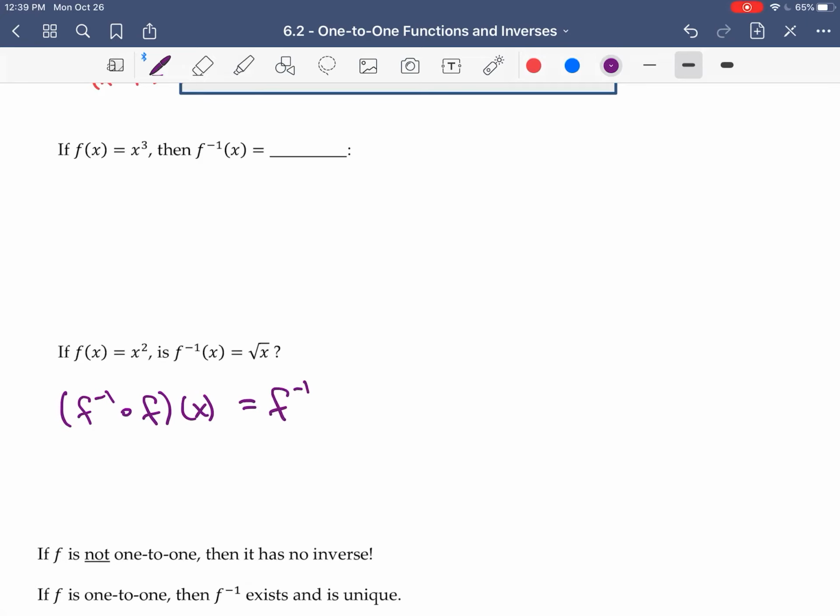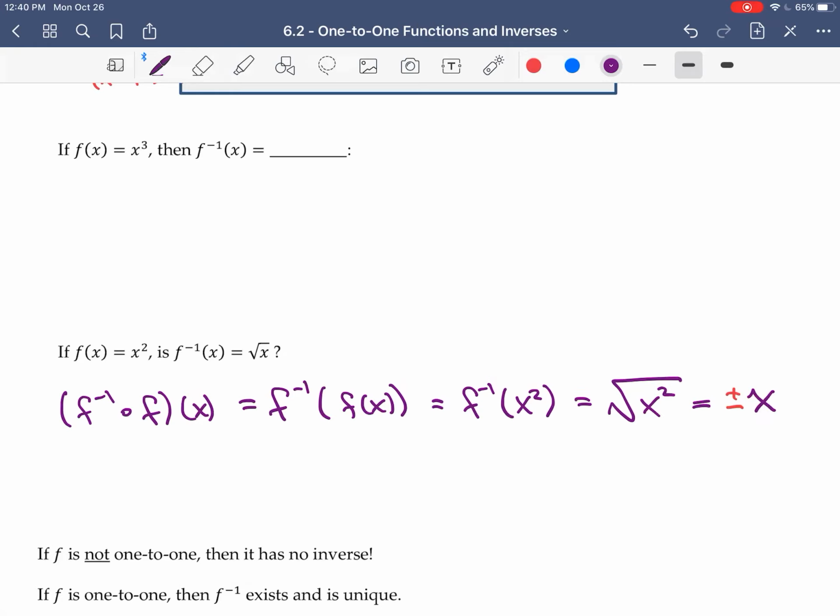That's f inverse of f of x, and f of x is x squared. So this is f inverse of x squared, which is the square root of x squared. Now, is the square root of x squared equal to x? It's not. Remember, it's equal to plus or minus x.